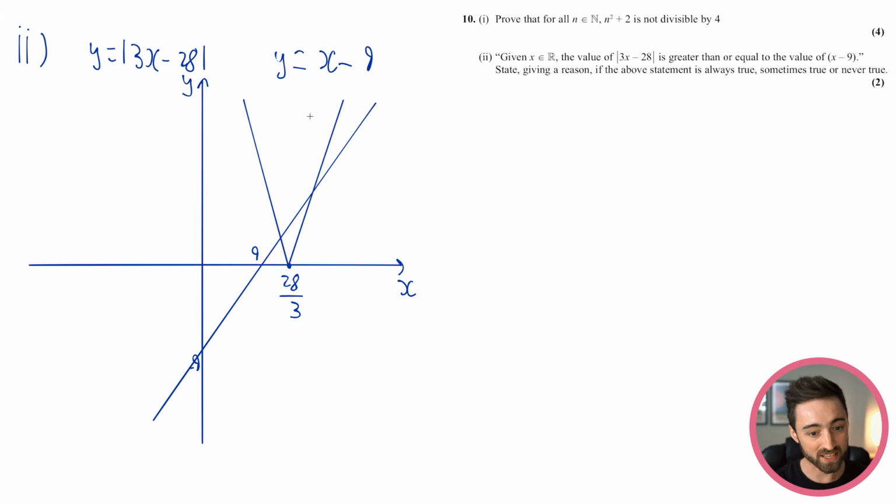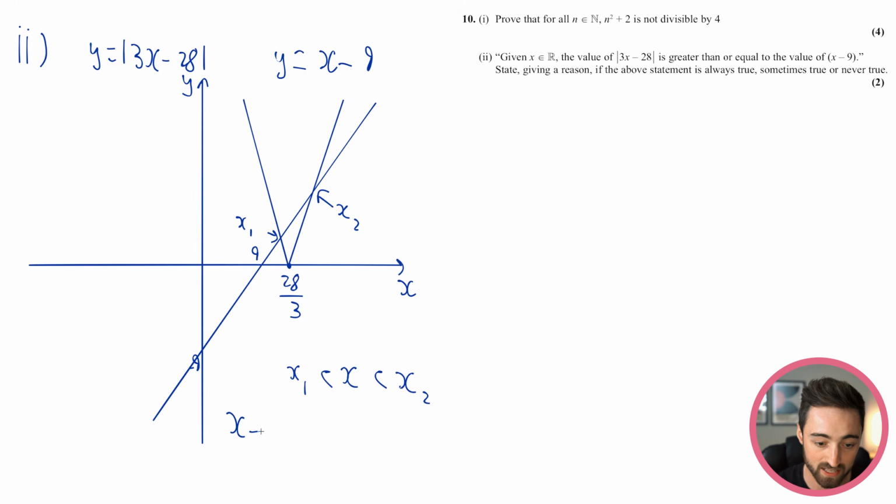So this is pretty sweet. We can see that sometimes the V is on top and other times the line is on top. If I label this intersection x1 and this x2, I don't care what the intersections are, but I know that if x is between x1 and x2, then the line x minus 9 is greater than the modulus graph.